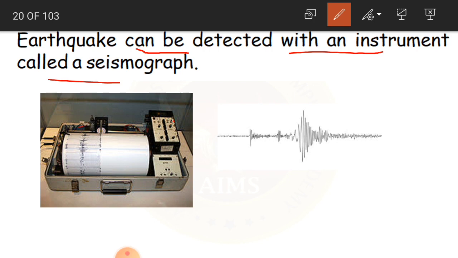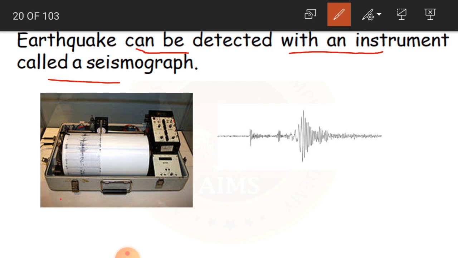With their study and research, they come to know in which place the earthquake is going to occur. And how do they identify this? With an instrument which is called a seismograph.